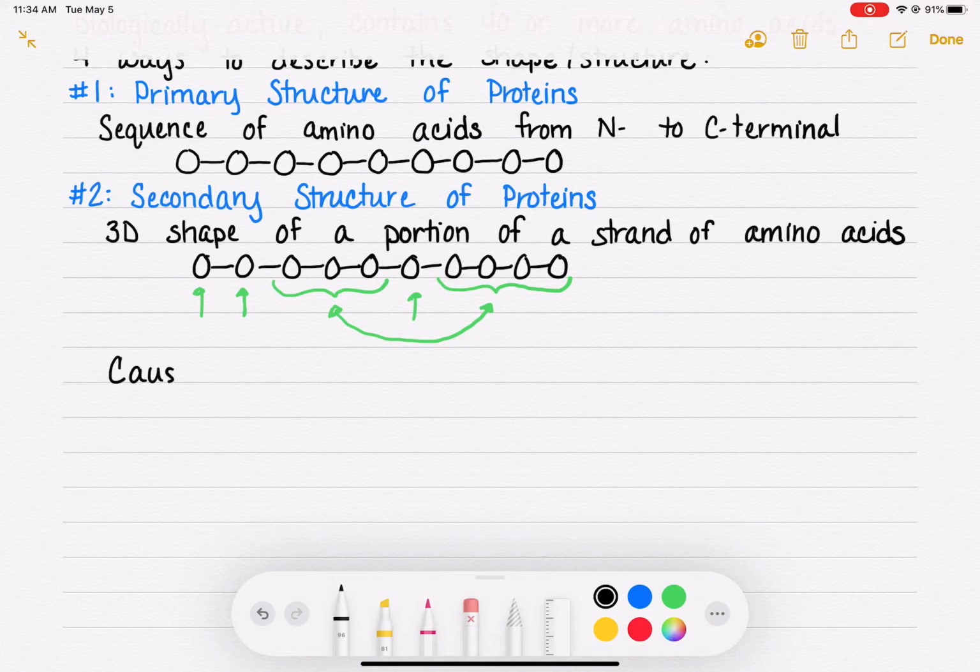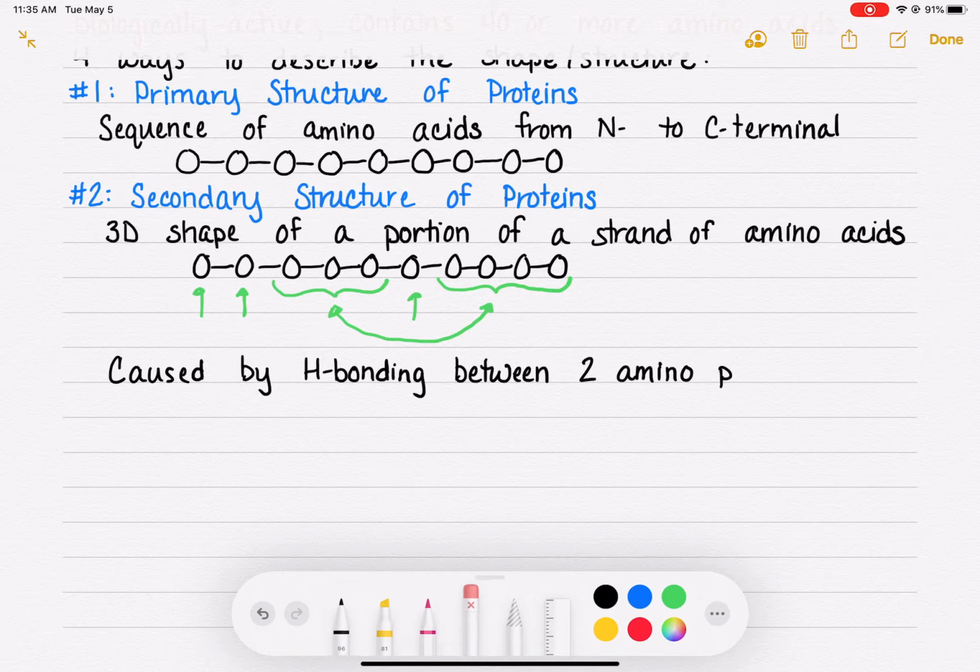So it is caused by hydrogen bonding between two amino acids that are not peptide bonded to each other. So it's hydrogen bonding between two amino acids that are not connected to each other by a peptide bond.